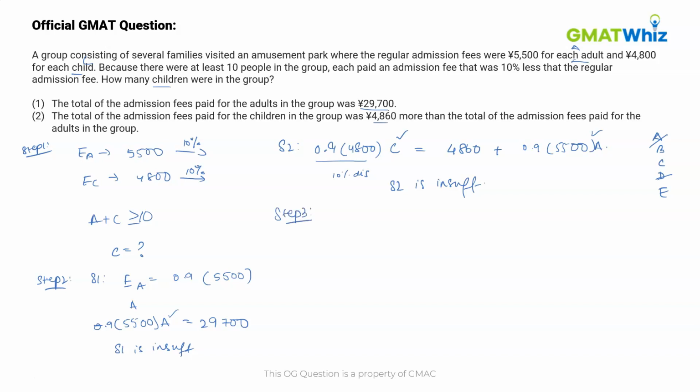In step 3, we combine the two statements. From statement 1, we have got the information that 0.9 into 5,500 multiplied by A is equal to 29700.